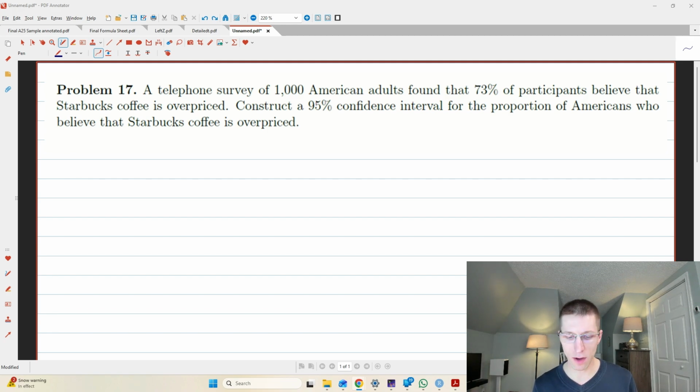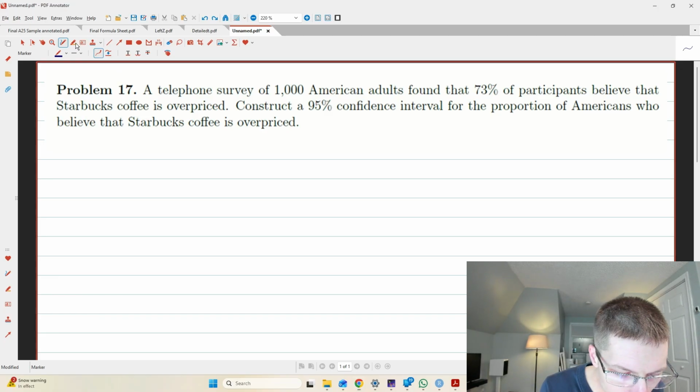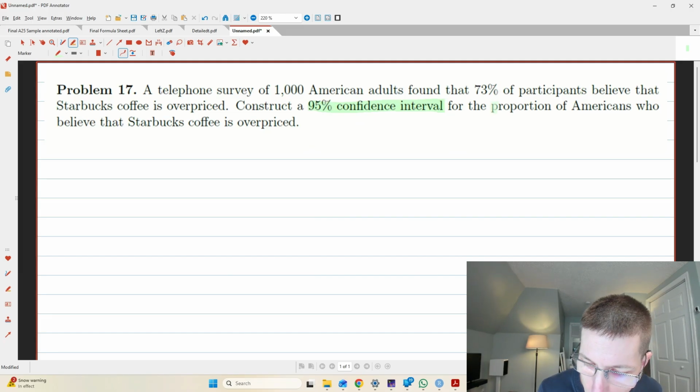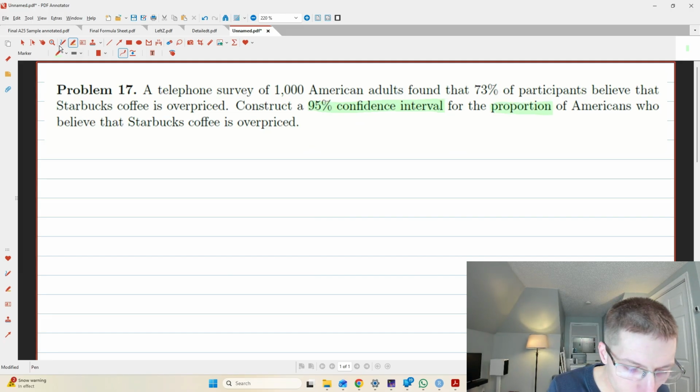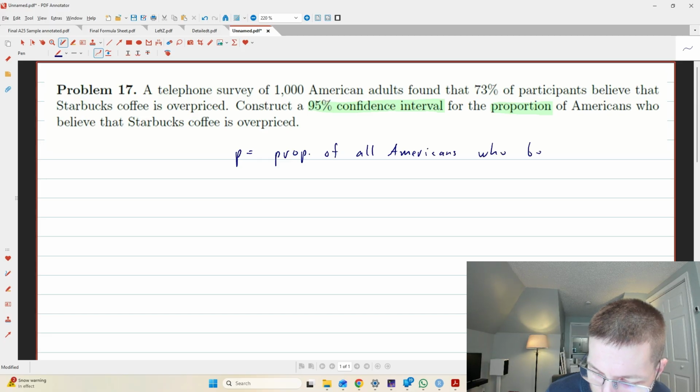So it is a confidence interval question, 95% confidence interval, and it's about proportion. So let P equal proportion of all Americans who believe, I'll just say overpriced.